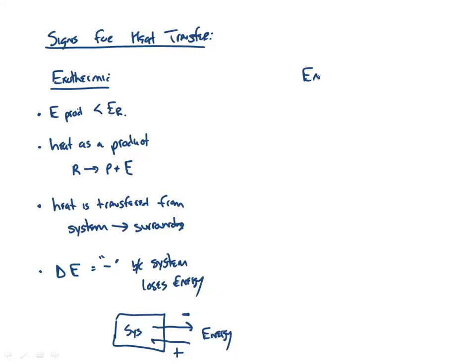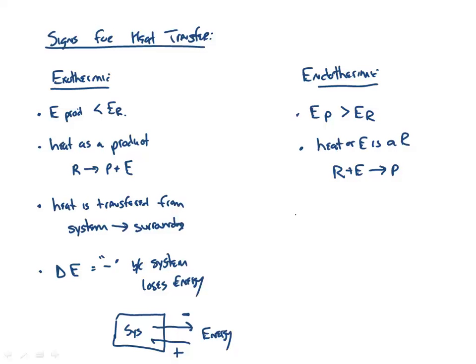And so, of course, endothermic is the exact opposite of exothermic. The energy of the products is higher than the energy of the reactants. Heat or energy is a reactant, so we say reactants plus energy goes to our products. Heat is transferred from the surroundings to the system.